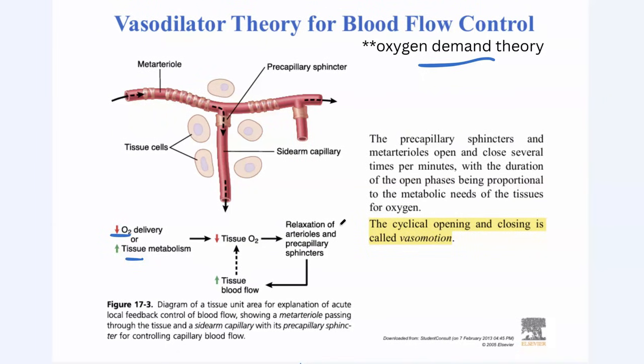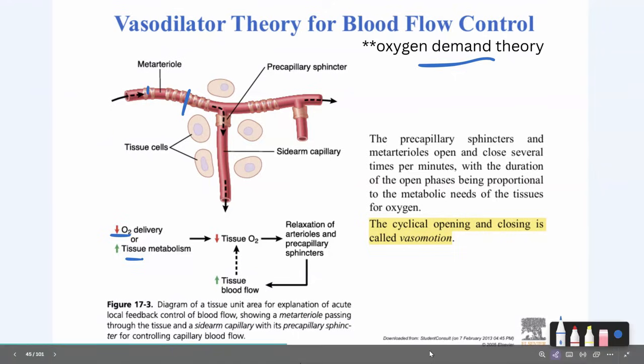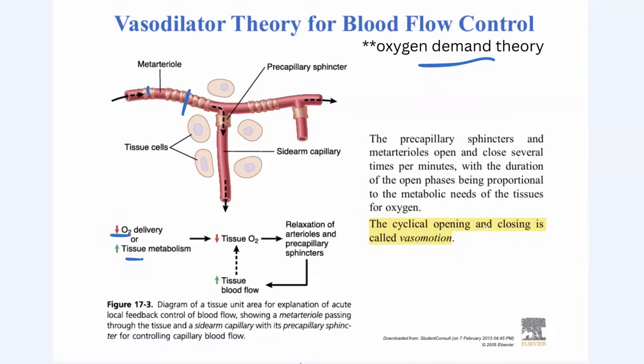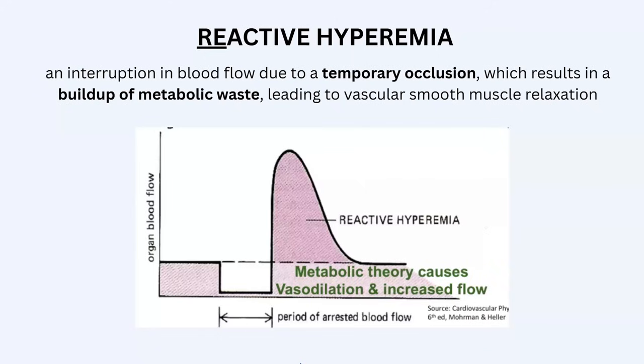And that is going to cause relaxation of arterioles and precapillary sphincters. And once these sphincters relax, that means the blood vessel is going to dilate. That's going to cause increased tissue blood flow. Okay? And this cyclical opening and closing is called vasomotion. So it's cyclical. It's constriction, dilation, constriction, dilation, you know? So this is the oxygen demand theory.